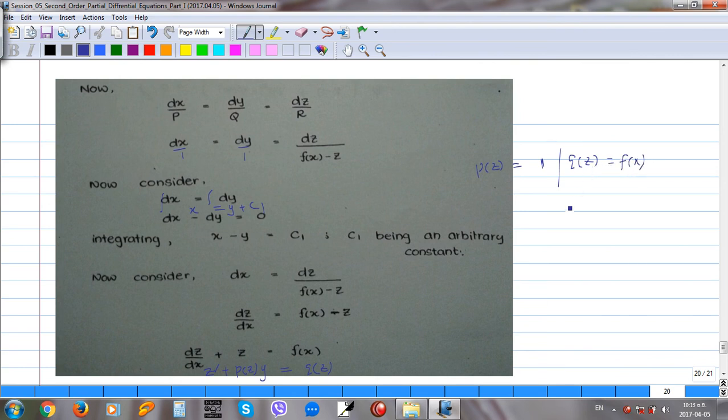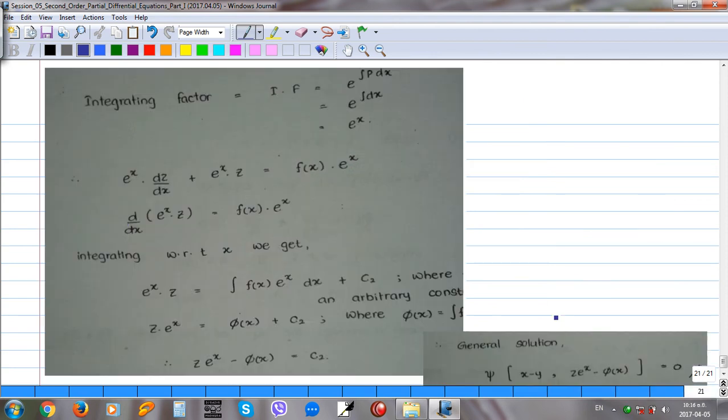So then we can find the integrating factor for this one, I(x), that is e to the power of the integration of P(x) dx. So P(x) here is 1, times dx, it means the integrating factor is equal to e^x. So what you have to do here, integrating factor you found as e^x, then you have to multiply the whole equation by e^x.